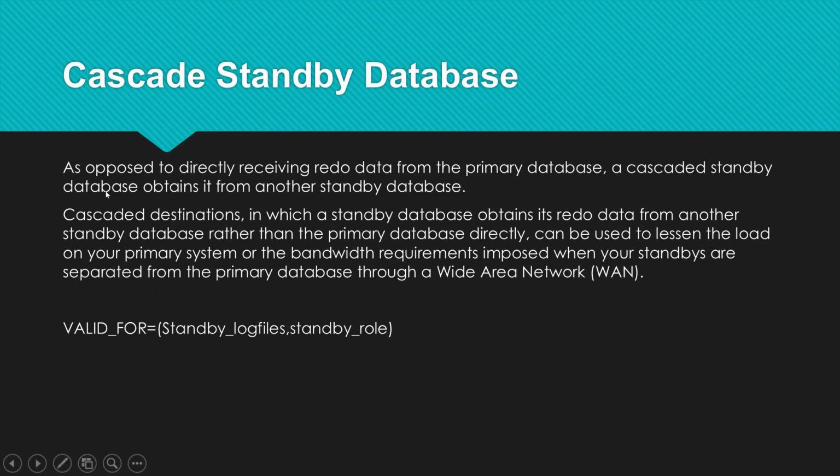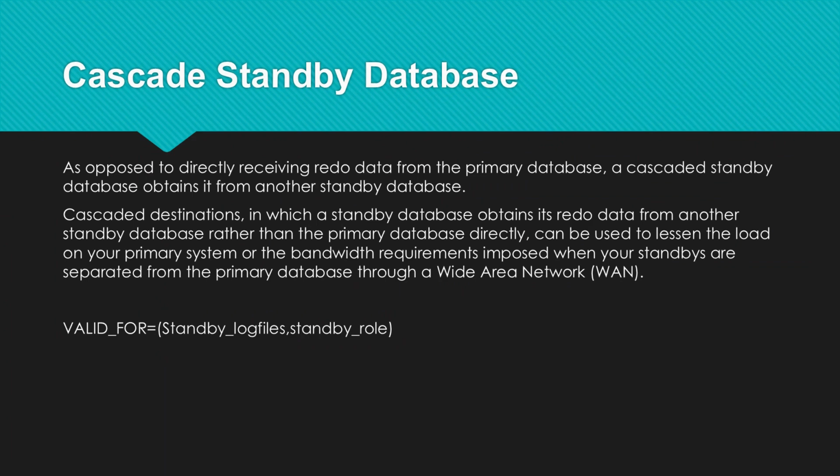Okay, let me recap. Basically, we use a Cascade Standby Database if we don't want to put extra workload on our primary server for transmitting the data to my standby database.